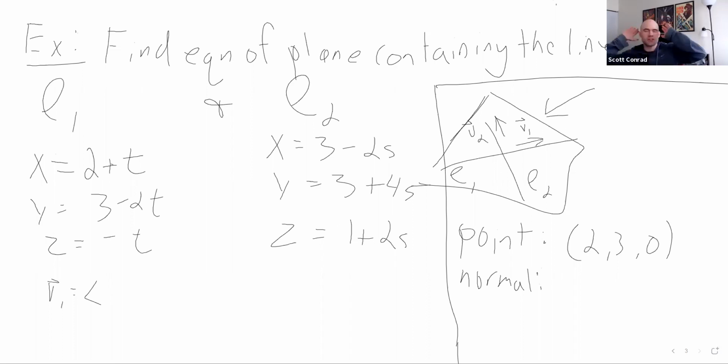So on the first line, what's the parallel vector? So we have 1, -2, -1. And what's a parallel vector from the second line?